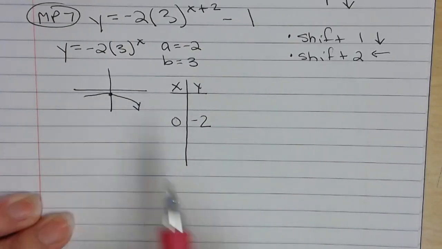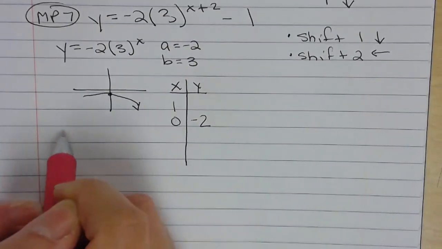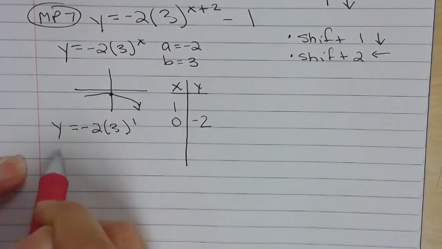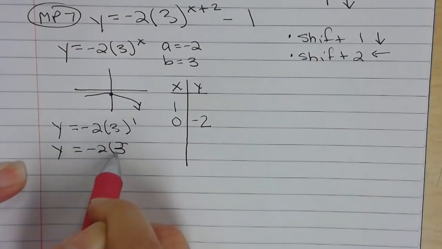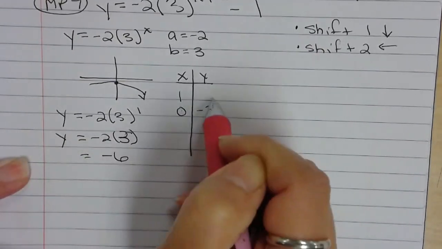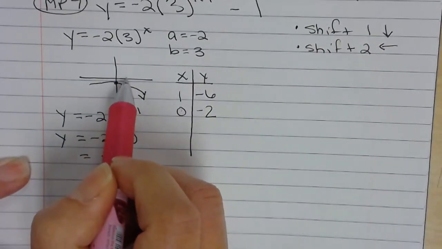Let's do 1. So y equals -2 times 3 to the first. y equals -2 times 3. So y is going to equal -6.